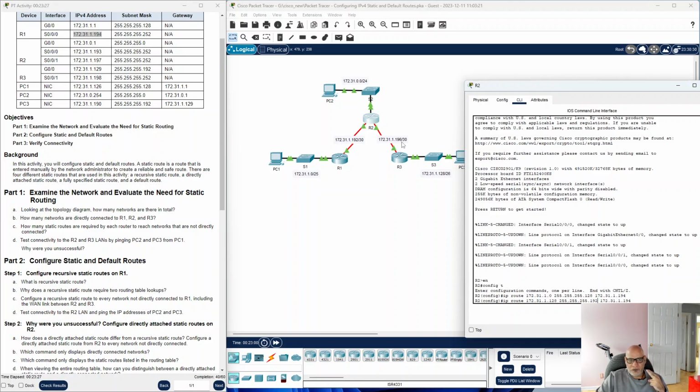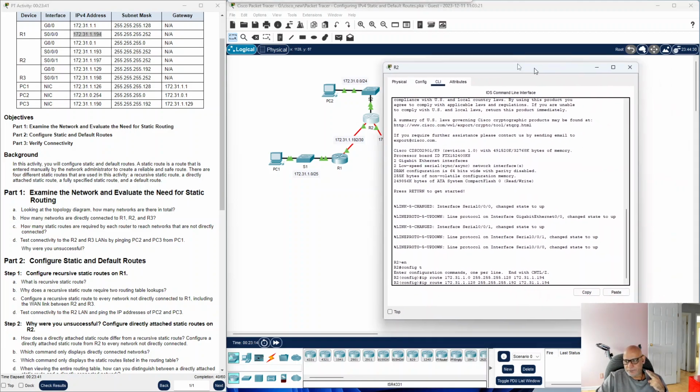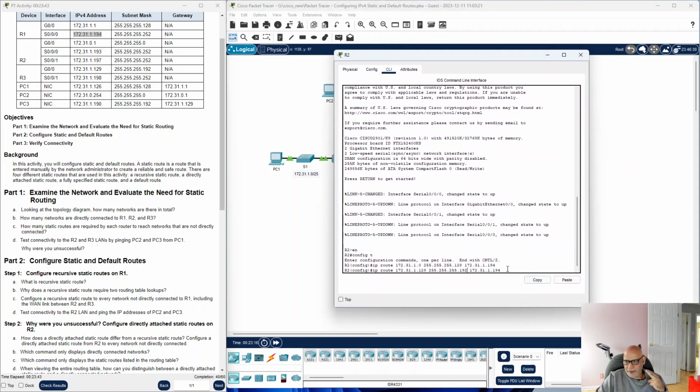So 197 is assigned to R2, which means R3 is 198. So here we will change it to 198.